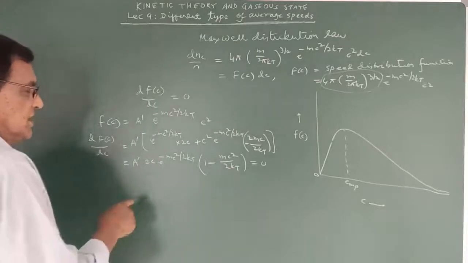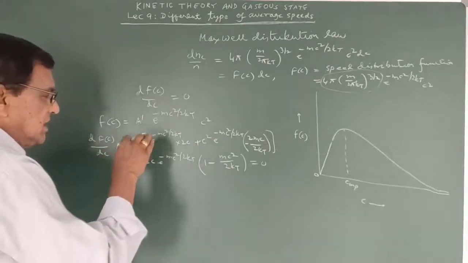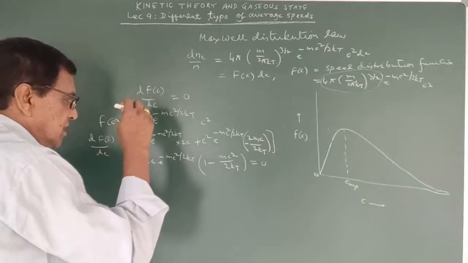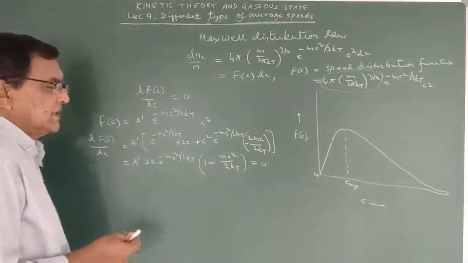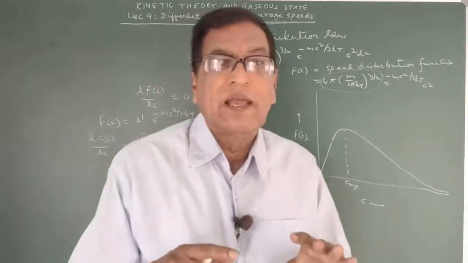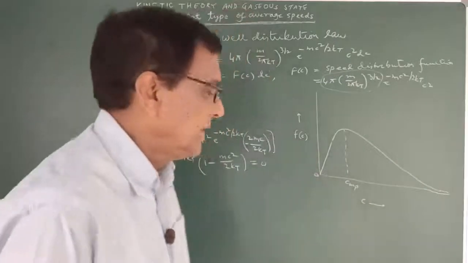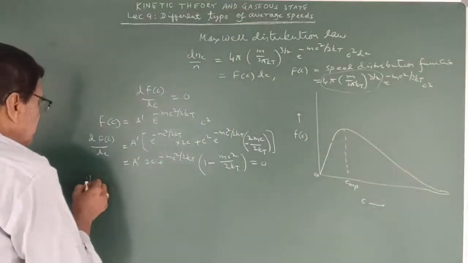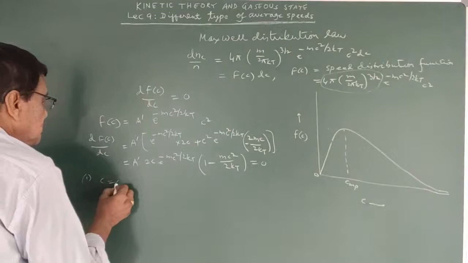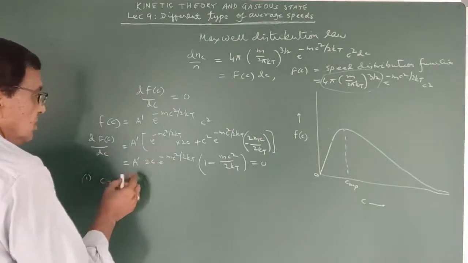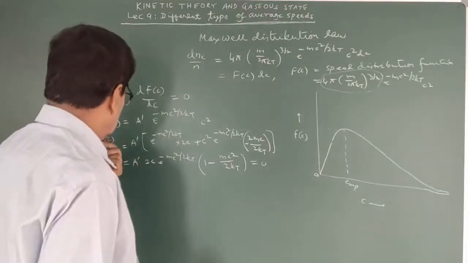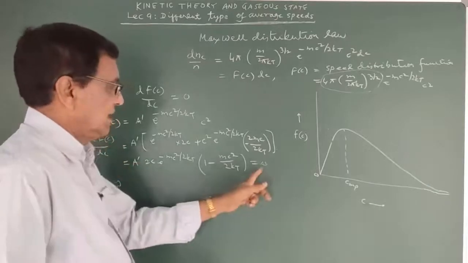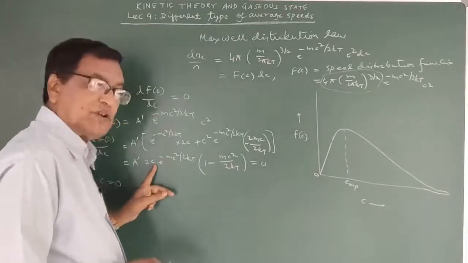So we may come to three options. One option is c equal to 0. Then also df(c)/dc equal to 0.